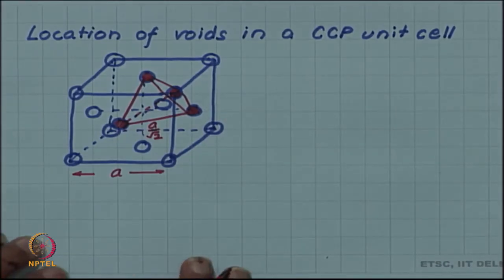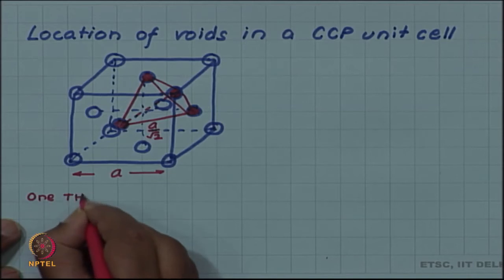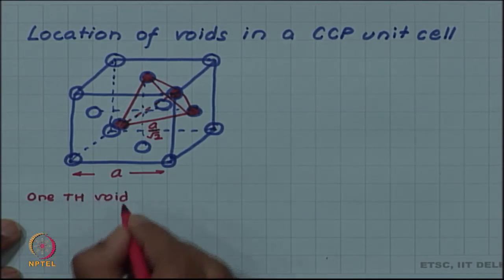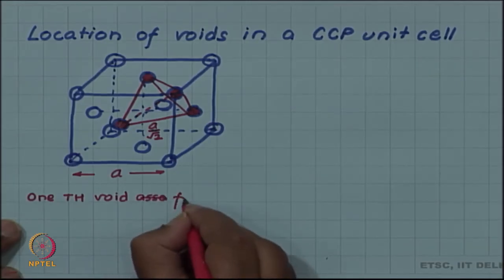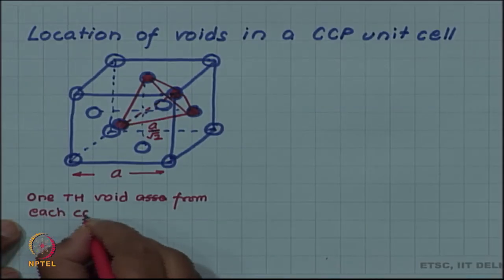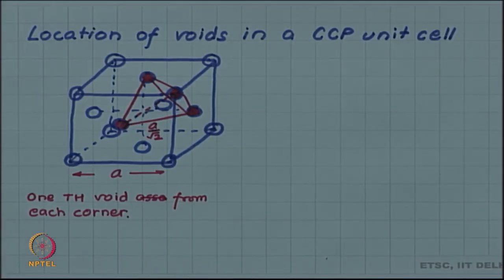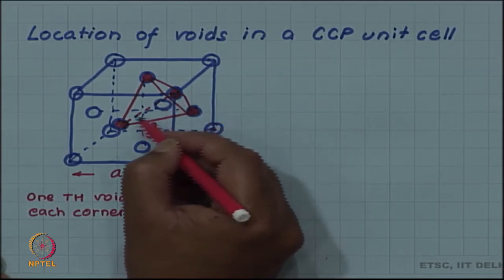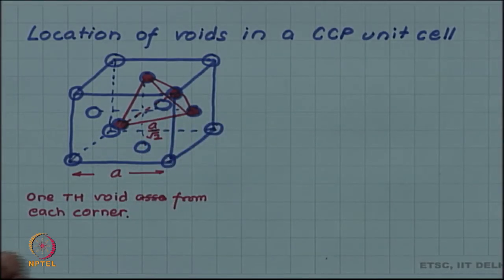So, one tetrahedral void from each corner. The center of this void will be located on the body diagonal.